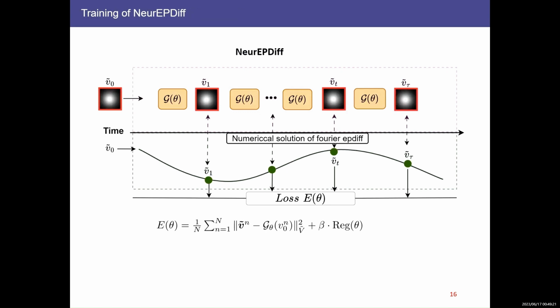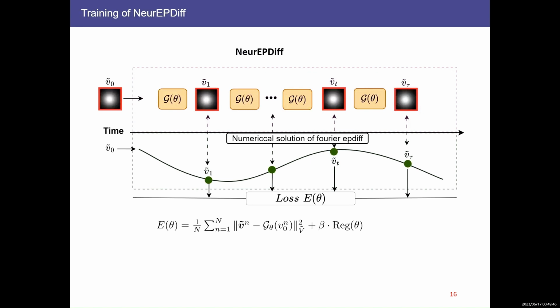So next, I will move on to how to perform diffeomorphic image registration with NeurEPDiff. As a prerequisite, we should first train NeurEPDiff offline under the supervision of numerical solutions of Fourier EPDiff. E theta is the loss function, n is the number of training data. V tilde n is from the numerical solutions of Fourier EPDiff.